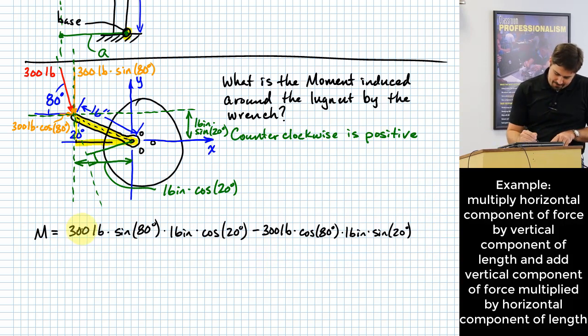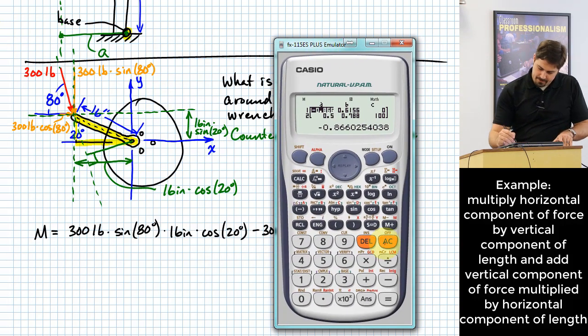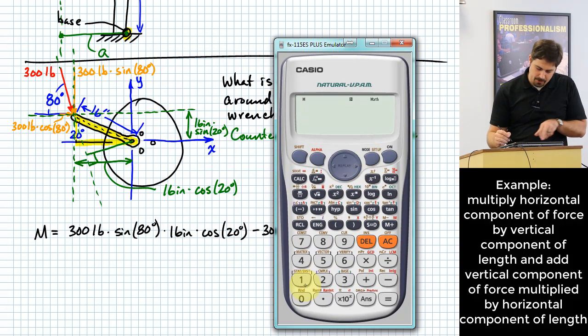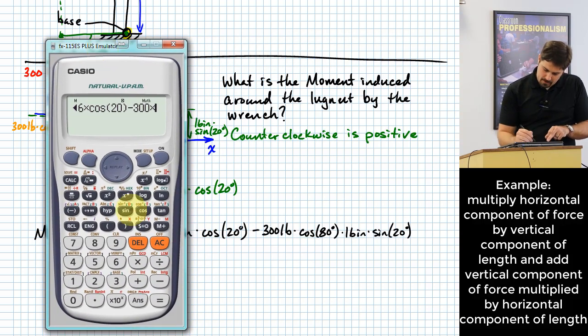All right, should I punch that in? See what we get? All right, we'll start over here. 300 times the sine of 80 times 16 times the cosine of 20, minus 300 times the cosine of 80 times 16 times the sine of 20.